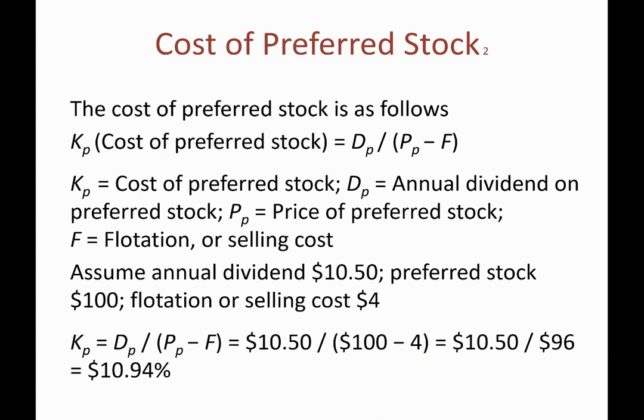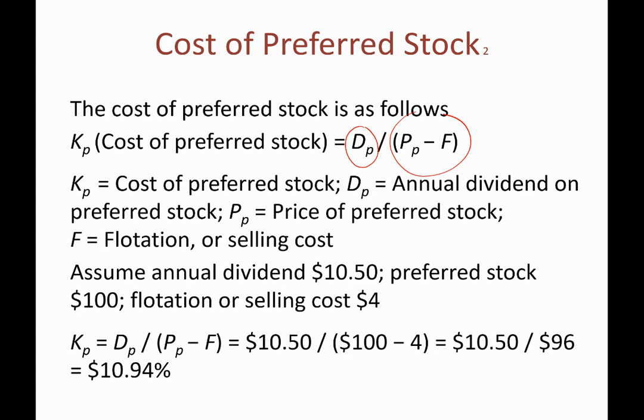So by formula, the cost of preferred stock, which will be the KP or PP, whatever you want to use, will be the dividend paid out divided by the price of the stock less the flotation or selling cost. That will give you what your return is on that particular stock.